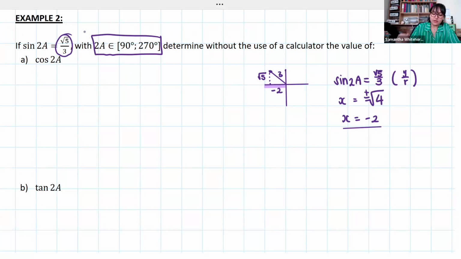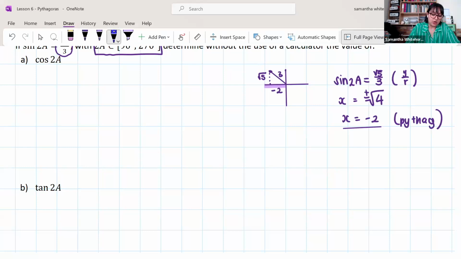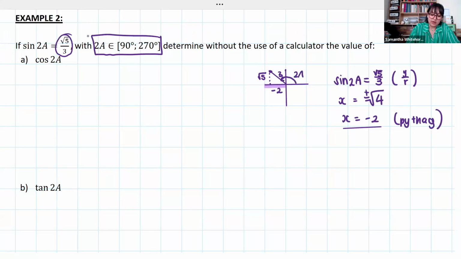Okay, so we have all of this. We have the missing information that we needed. We're now able to go and answer our questions. Now, this is what I'm saying. You need to be careful and you need to be mindful of what's been asked of you. In the first question, I'm asking for cos 2a. Remember, the angle that you're working with here is 2a. So you're actually just going to go read off that ratio.